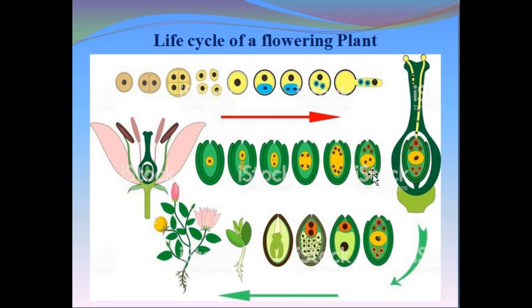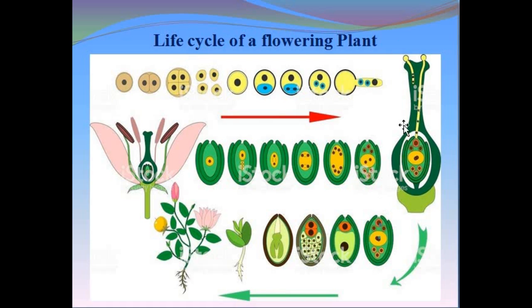Out of 8 nuclei, 3 will arrange at the micropylar end, that is known as egg apparatus, whereas another 3 nuclei will remain at the chalazal end. They are known as antipodals, and in the center of the embryo sac there are 2 polar nuclei, where 1 nucleus comes from the micropylar end and another nucleus comes from the chalazal end.